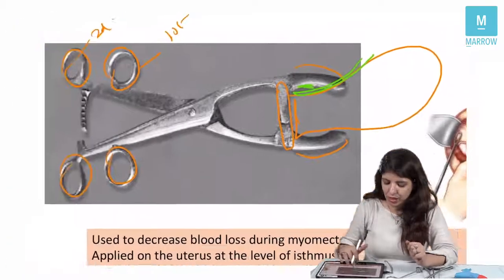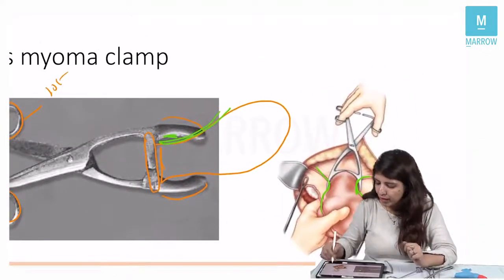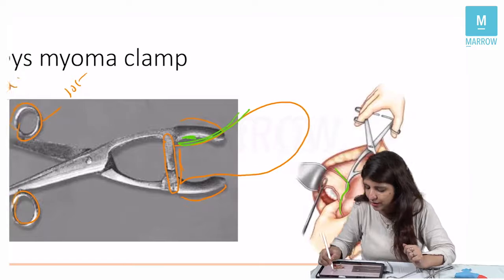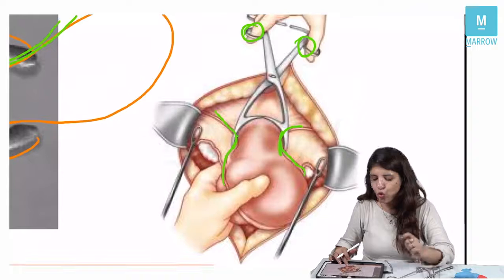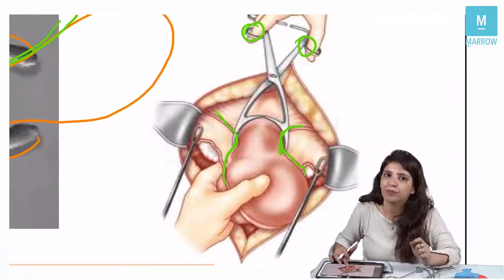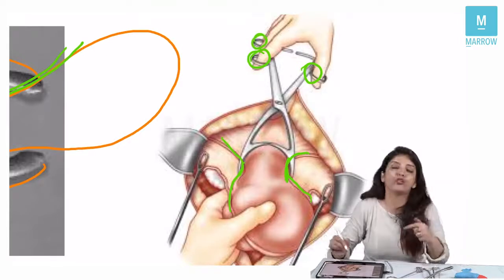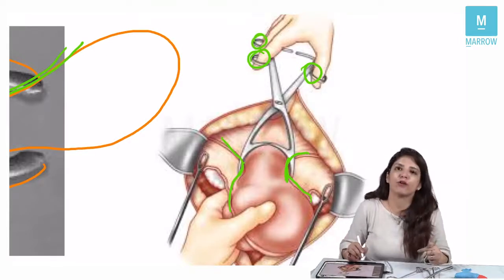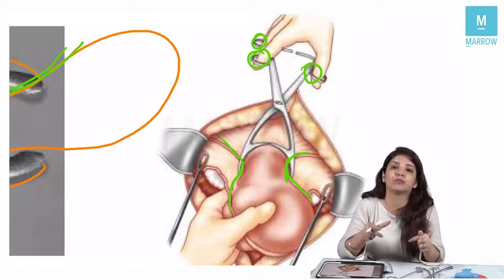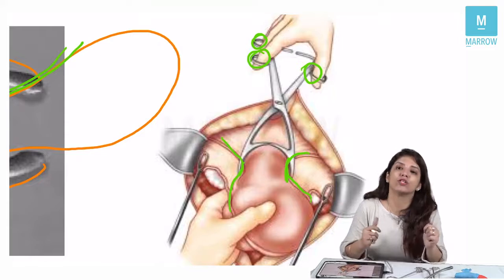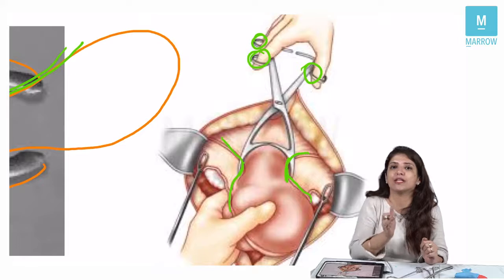Then, why are there two pairs of finger grips? See, the first pair of grip, if you notice here, the fingers are in the first pair of grip. The first pair of grip is to hold the isthmus of the uterus, right? And the second pair of grip is for when you are doing myomectomy, because myomectomy is a long procedure, and if you keep this myoma clamp for that very long time, that is going to lead to necrosis. So in between, after every 15 minutes, you have to release the clamp.